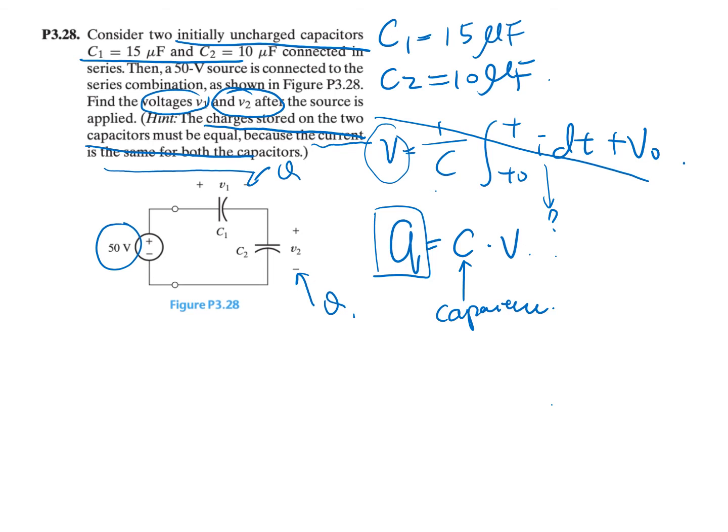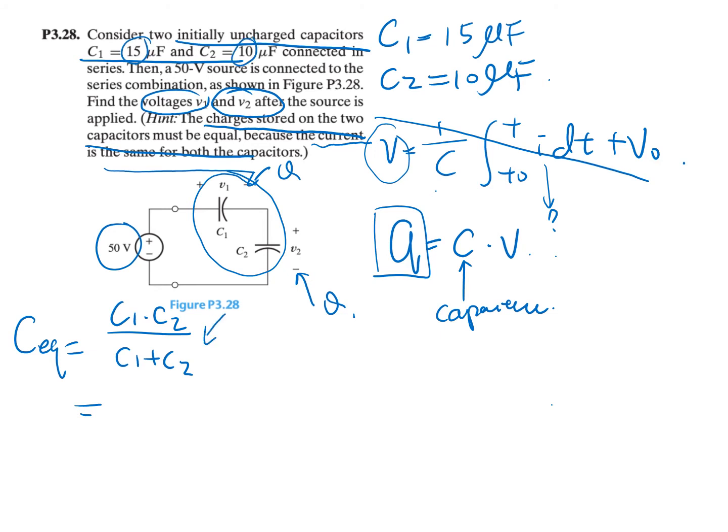So now our task becomes to find the charge value Q. Well, for this circuit, we can actually simplify it by combining these two capacitors. To combine these two capacitors, we know that for two capacitors connected in series, we can find its equivalent capacitance as C1 times C2 over C1 plus C2. So we substitute in the 50 and the 10 into this expression and simplify it.